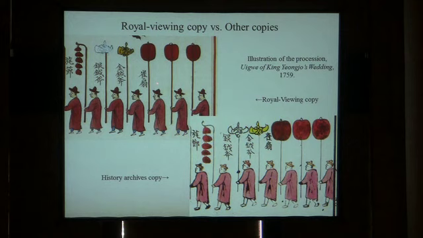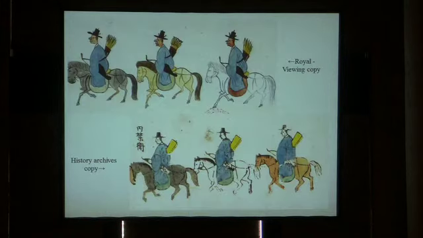Whereas these things are all drawn one by one, and the way they are holding these attributes are all exactly the way it should be in royal copies, but not in the archive copies.